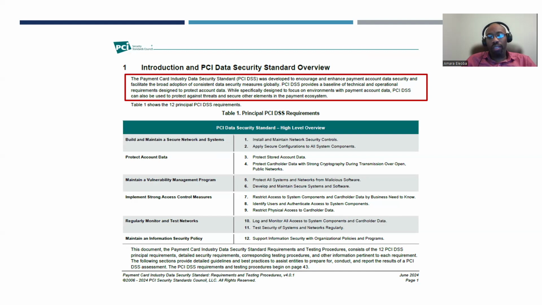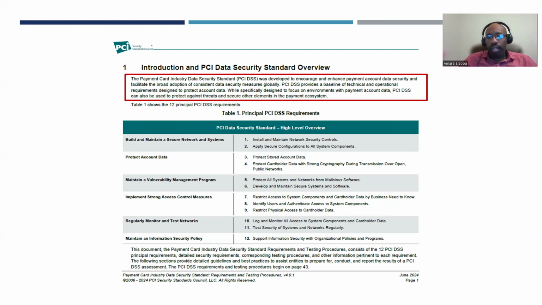Initially, before PCI DSS or the council was formed, all the payment card brands had their own standards, and it was causing a lot of confusion. So these brands came together, for example Visa, MasterCard, Discover, and I believe one from Japan, JCB.